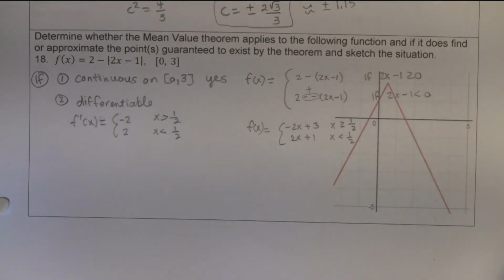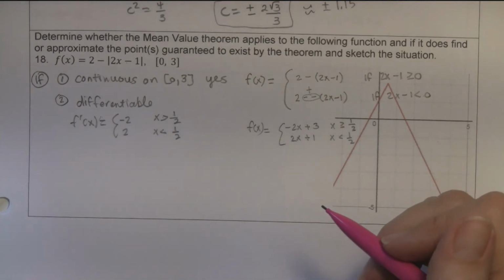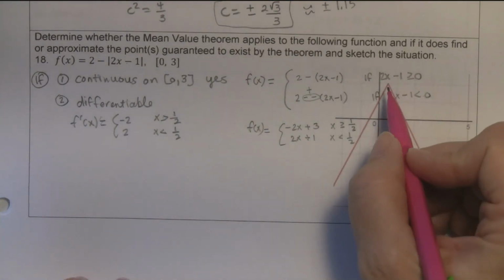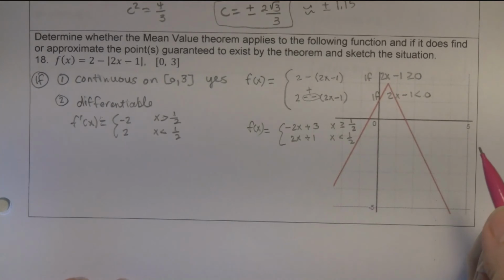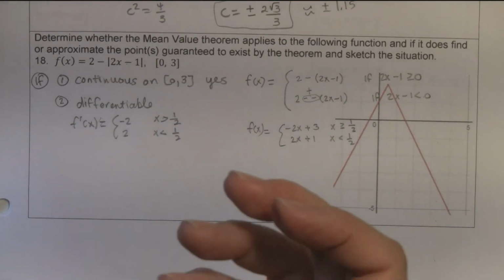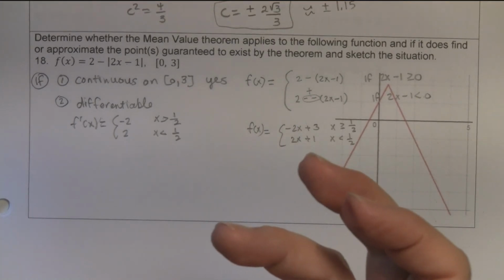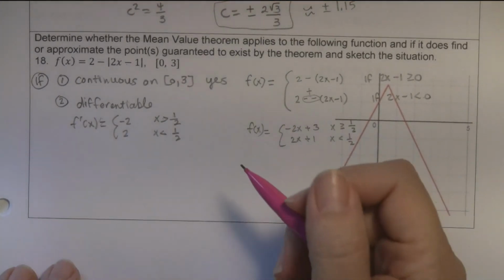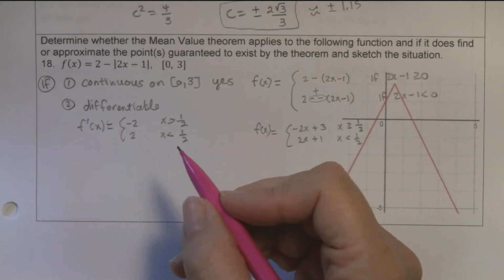That's the reason that it's not differentiable at a corner, is because on the limit definition of the derivative, on either side of that corner, the slope is different. And so the limit, on either side, is different. And so it fails to be differentiable.